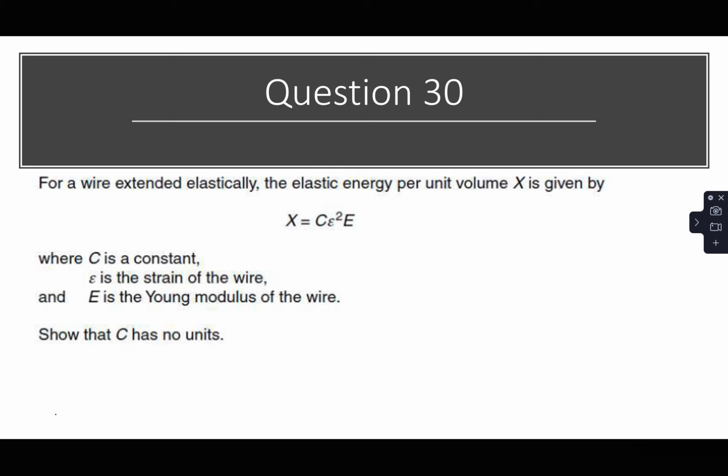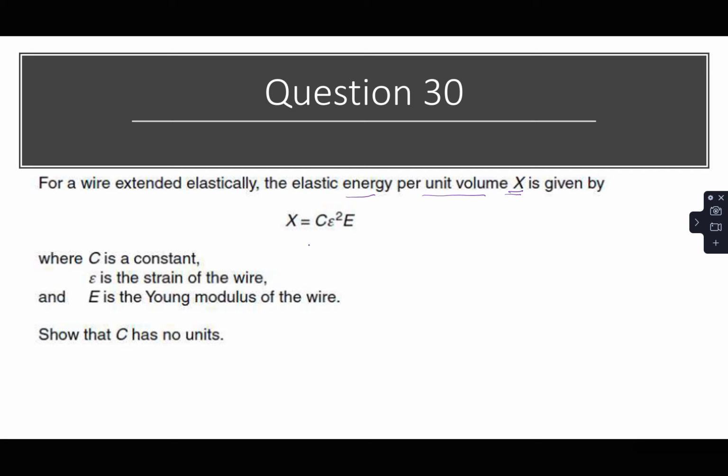So the elastic energy per unit volume is X. Note that X is energy per unit volume, and in the previous example we saw the units of energy per unit volume. C is a constant, epsilon is the strain, E is the Young modulus. Show that C has no units.